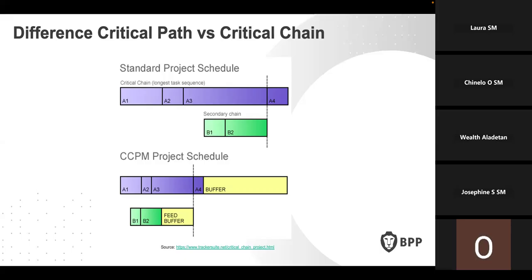What B1 and B2 do is act more like a breakdown of A3, talking about the best resources that can be used within that A3 phase to achieve a faster delivery. That's why they bring in B1 and B2 to act as a buffer.